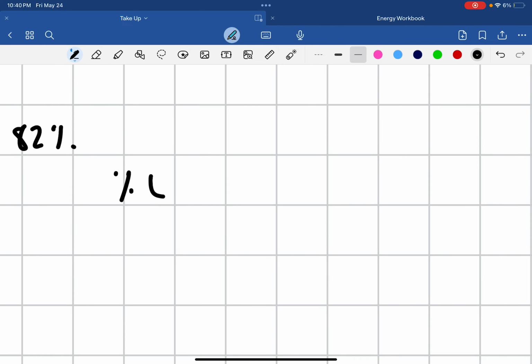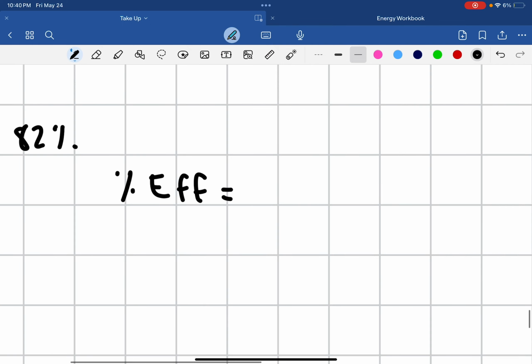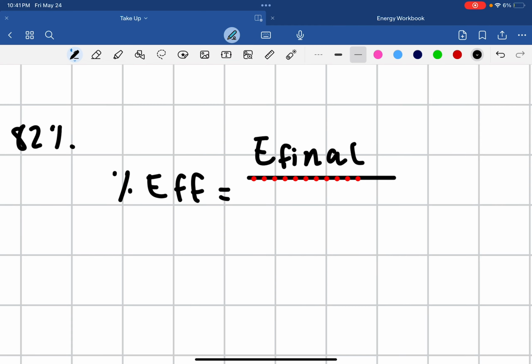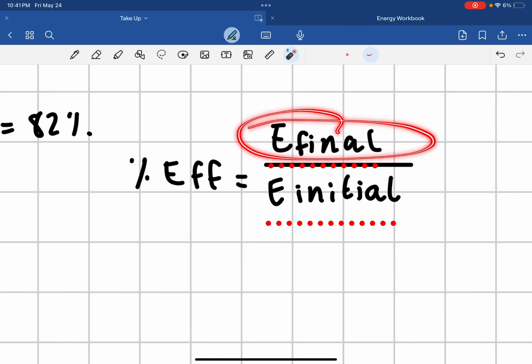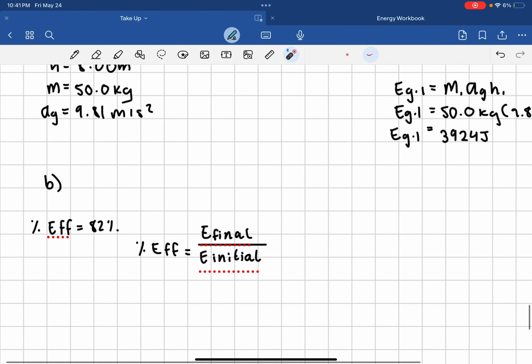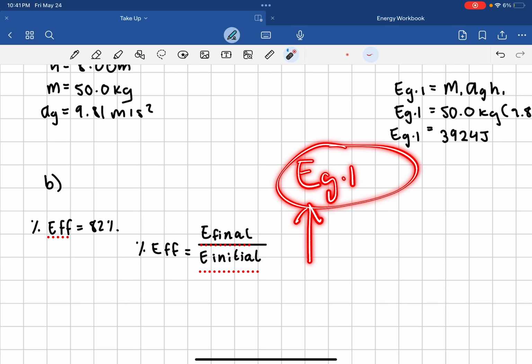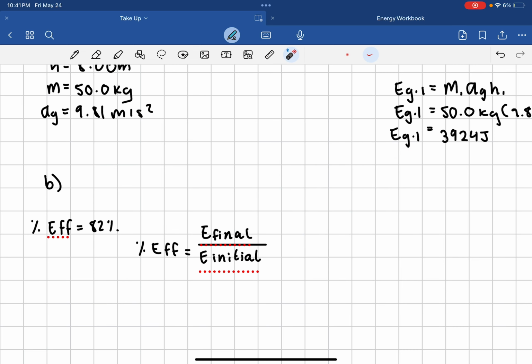So our percent efficiency is 82%. And our percent efficiency equation is equal to the final energy over the initial energy. And if we have our percent efficiency, that means we don't really need to solve for it. And if we have the final energy, because the elevator is moving upwards, that means we're getting our gravitational potential energy.